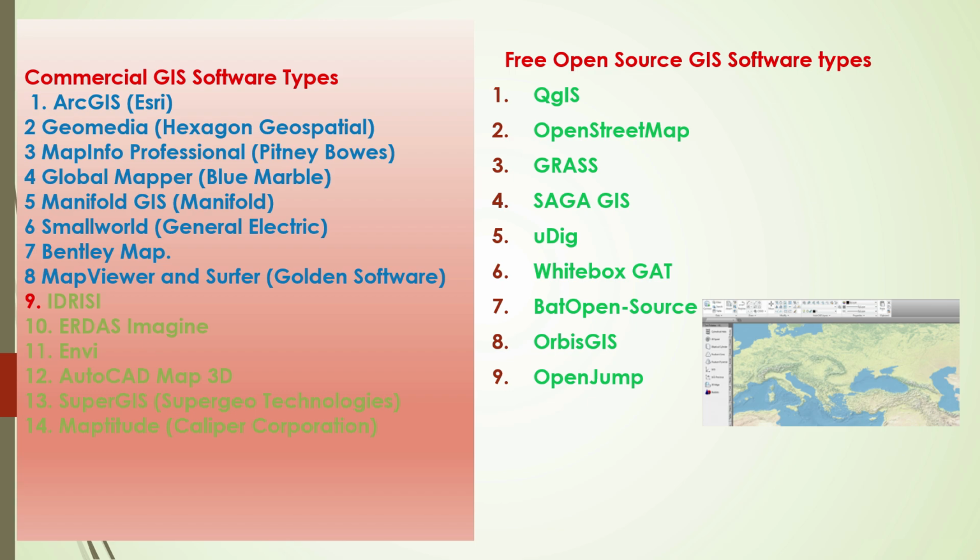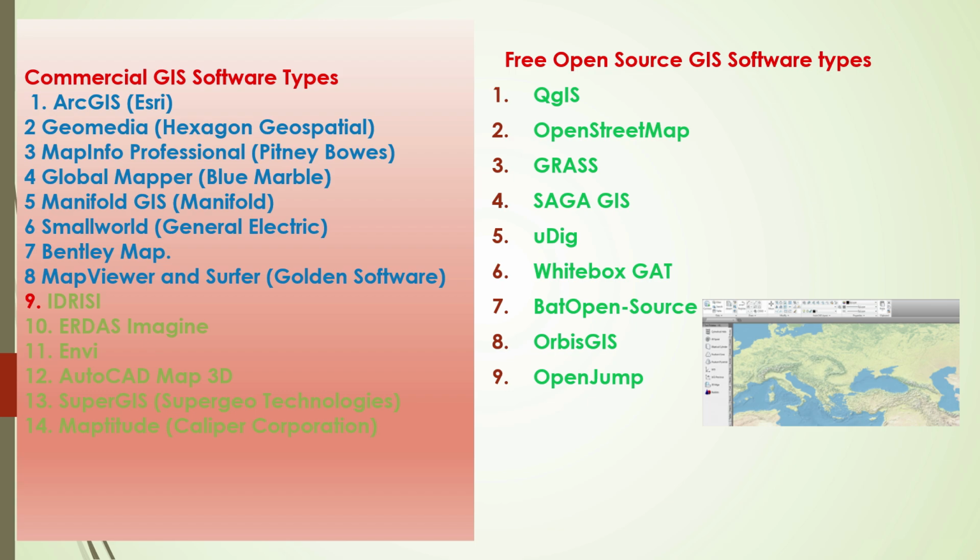Then we have the GeoMedia, we have MapInfo Professional, we have Global Mapper, we have Manifold GIS, we have Smallworld, which is used for electric mapping. We have Bentley Map, we have Map Viewer and Software, we have Idrisi. The first 8 are what we regard as basically vector-based GIS.